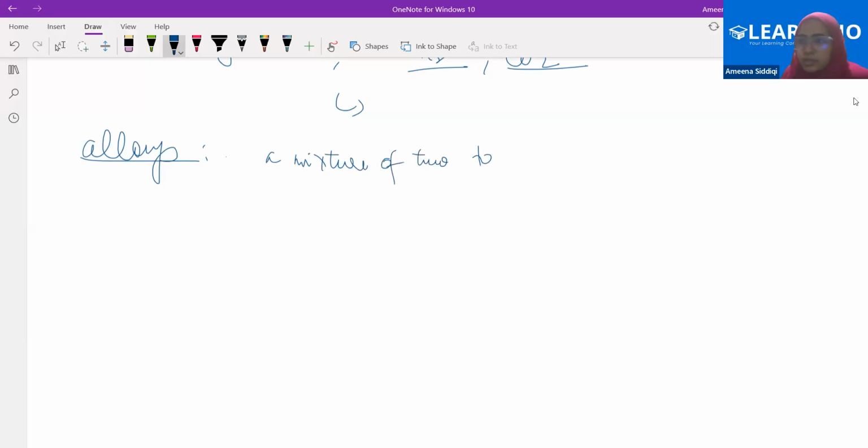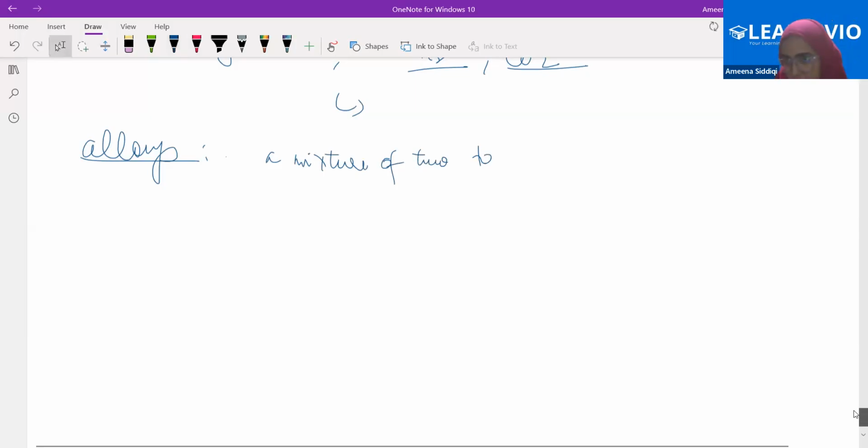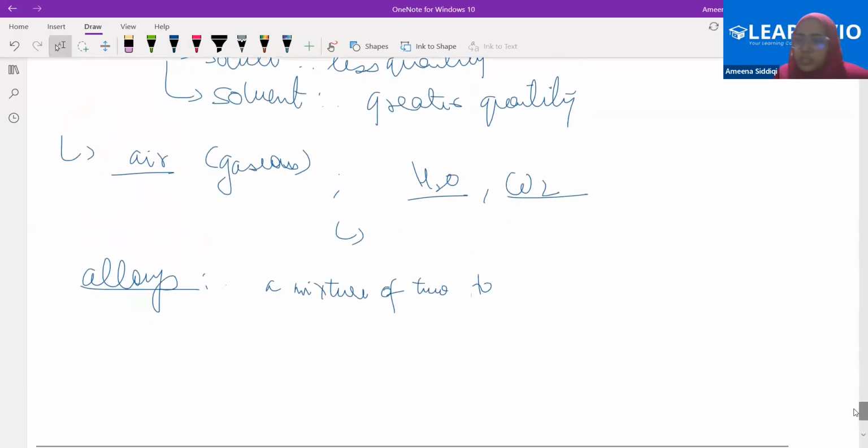Tell me one thing, I actually forgot to ask you this. In case of air, which is a homogeneous mixture, why is it a homogeneous mixture and why not a heterogeneous mixture? At your place, is the concentration of air the same throughout or is it different?